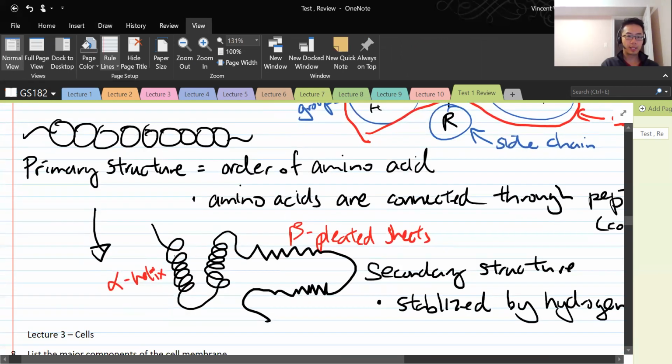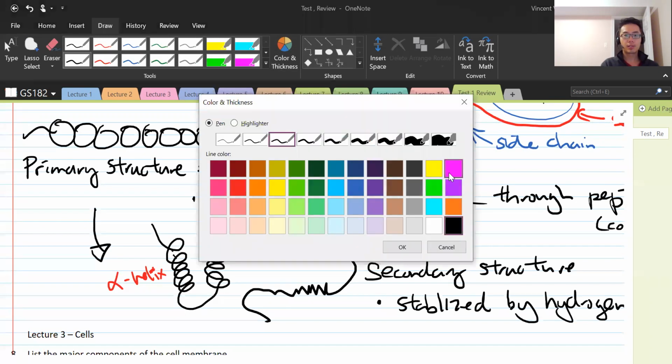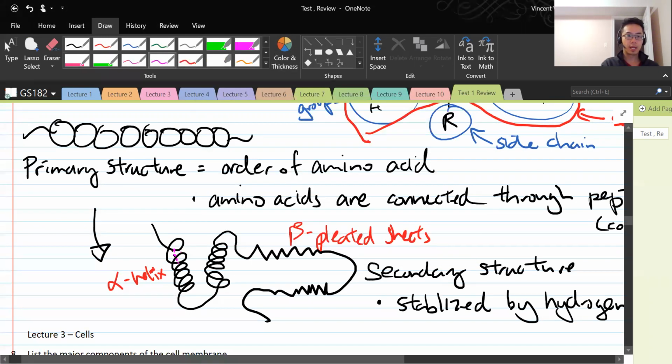If I zoom in, there will be hydrogen bonds all over the place along the coil to stabilize it. Same thing for the zigzag.